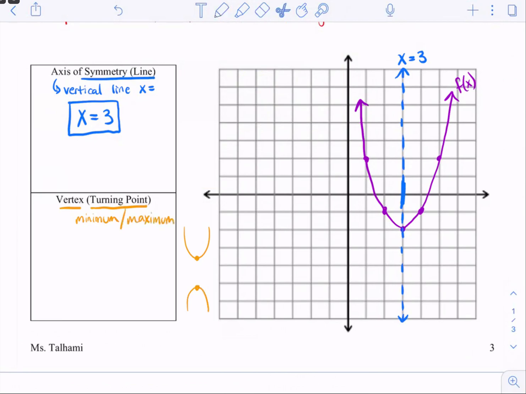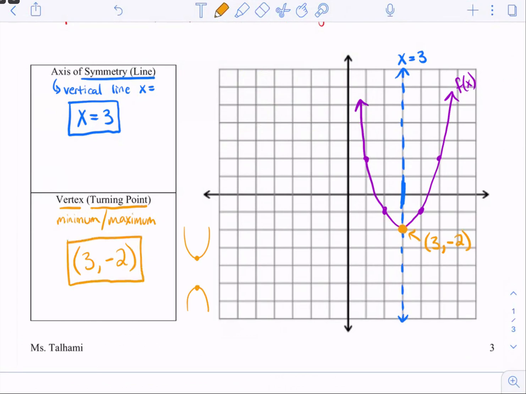So sometimes they call it a minimum or a maximum point, depending on if it's positive or negative. If I take a look at that point, it turns right here. So this is my turning point. That point is a positive 3, negative 2. So that's how you find the turning point.